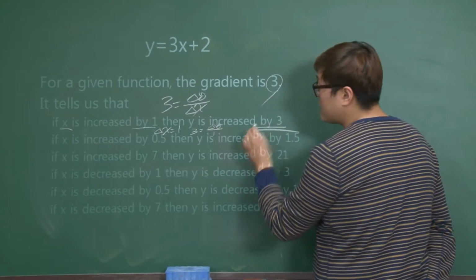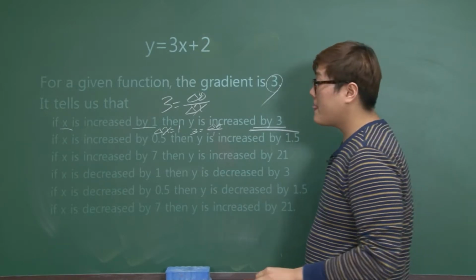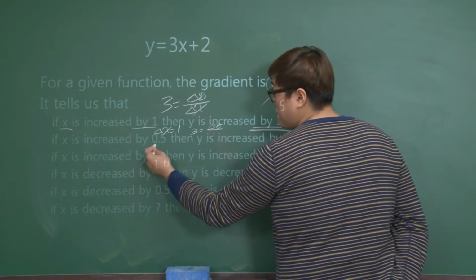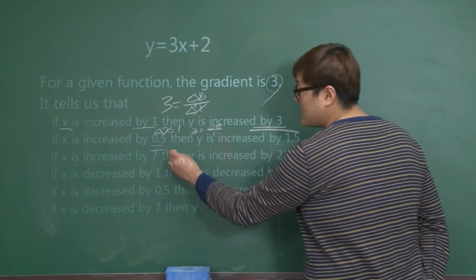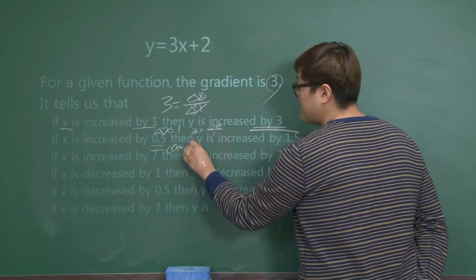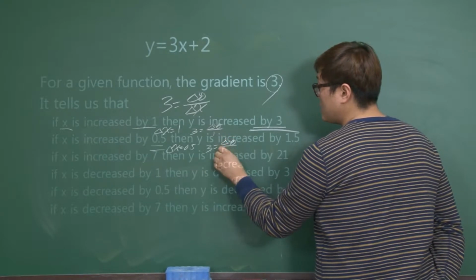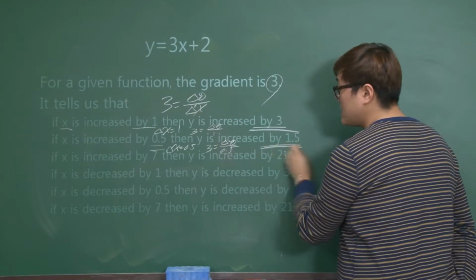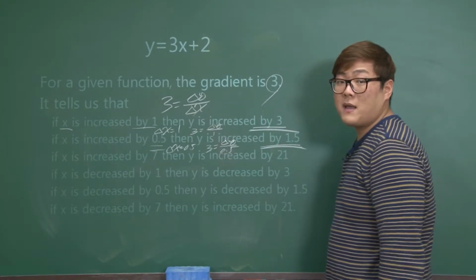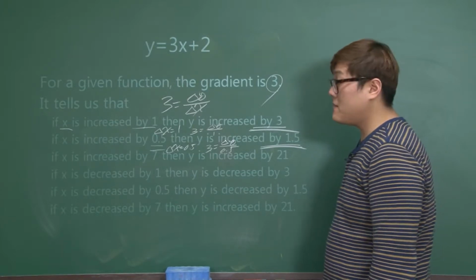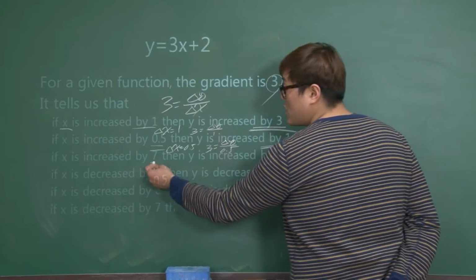It's going to increase by 3. What if x is increased by 0.5? Delta x is going to be 0.5, so 3 equals delta y over 0.5. So we know that y is increased by 1.5. Likewise, you can do it with 7.